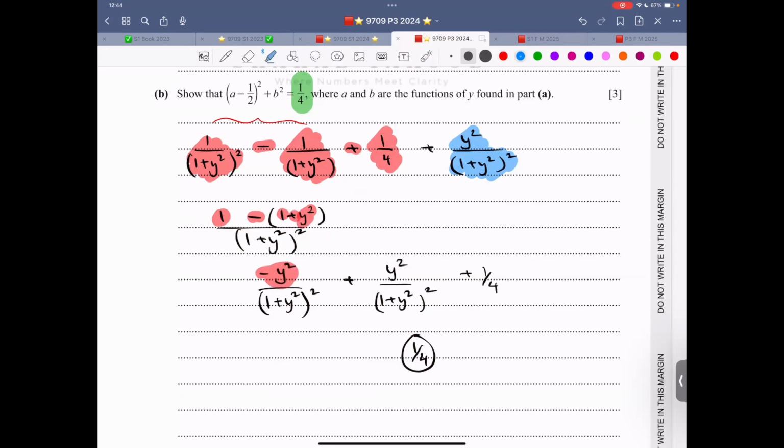This bluish color thing is already there. And these two cancel out, and this 1/4 is there. So make sure that you write this 1/4. Make sure you write this y square over (1 plus y square) squared. No need of opening up the bracket. And then we are left with 1/4.